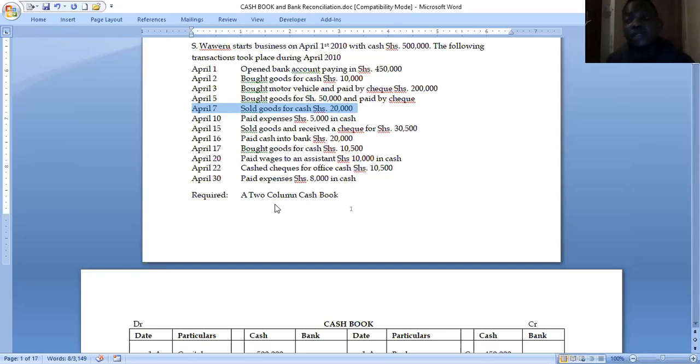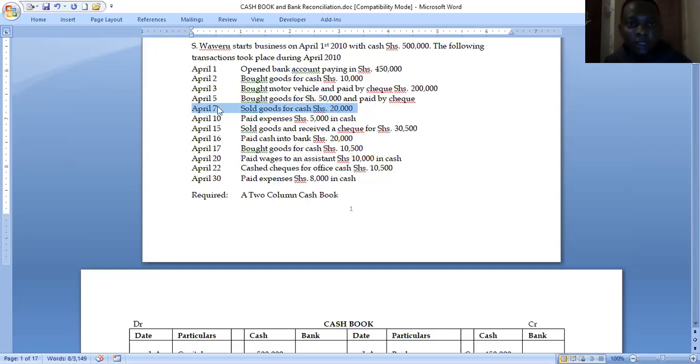Sales is a revenue, cash is an asset. Whenever revenue is increasing, you're supposed to credit. So therefore, credit sales account. And whenever an asset is increasing, you're supposed to debit. So therefore, debit cash account with the increase.